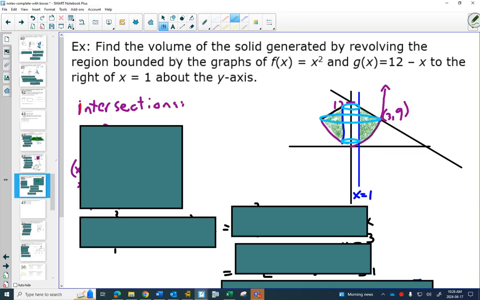I'm going to color in my end volume. That's a crazy looking shape.